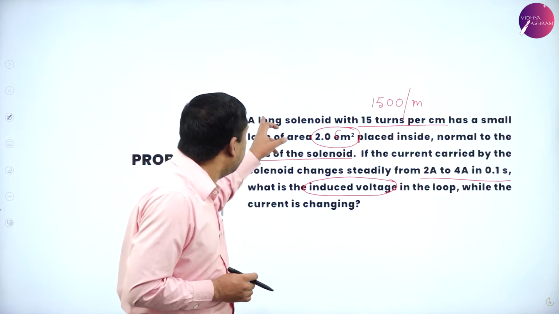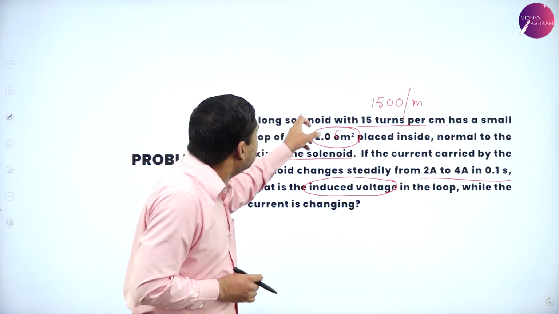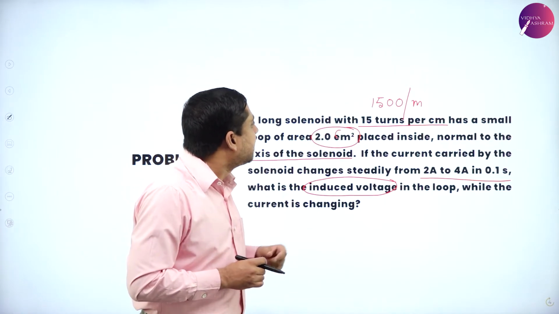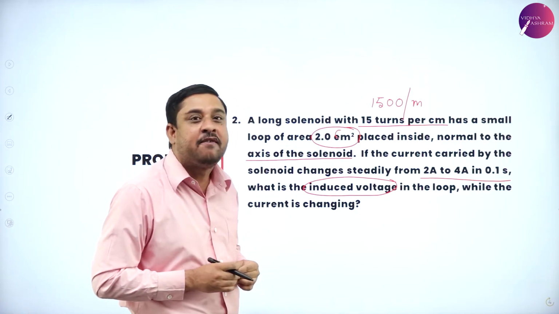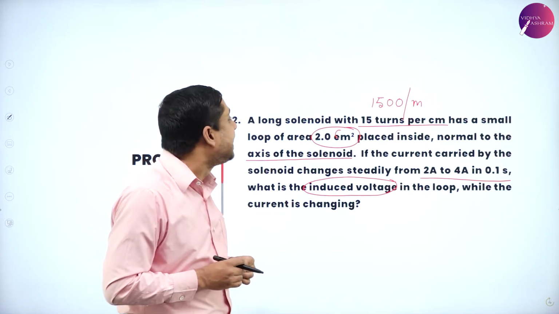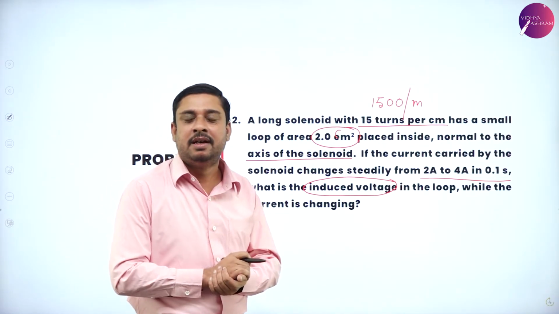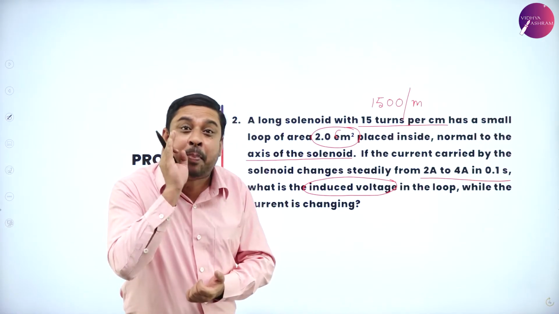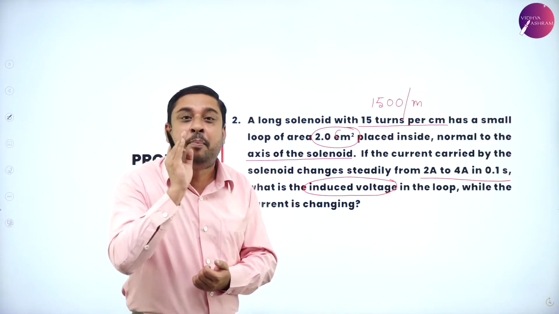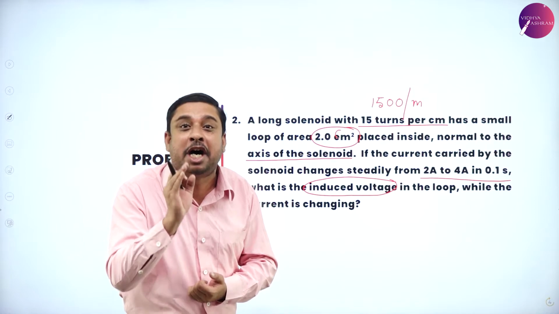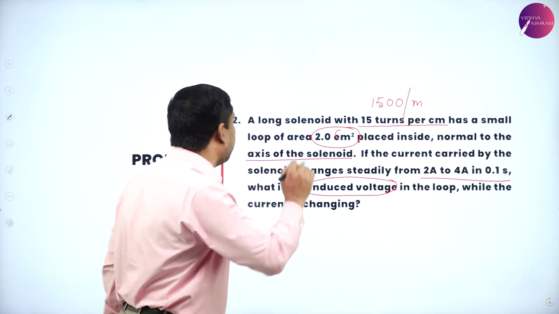Observe, a long solenoid with 1500 turns per meter length. That 1500 turns per meter, that is turns per unit length, is what is given.